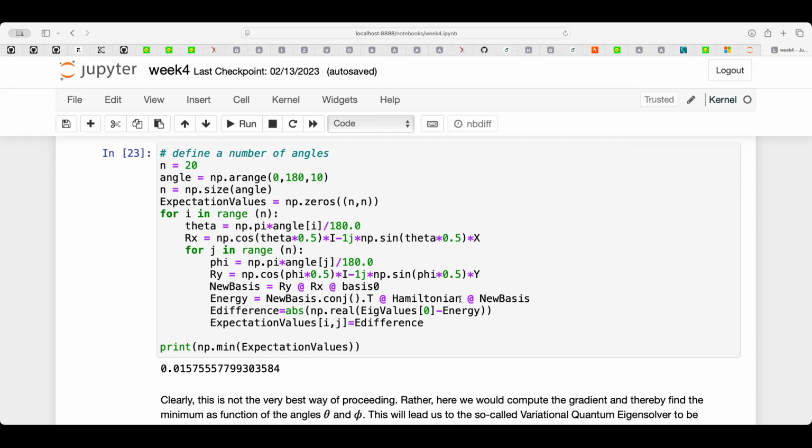And when we have that, we are going back to the 2-qubit case and try a similar strategy like this, which is going to be brute force, and it's not going to be very attractive. And when we have banged our head against this less attractive path, we are going to introduce the variational quantum eigensolver, which is a standard way of actually solving these problems on a quantum computer.